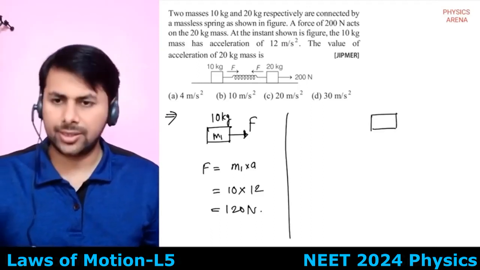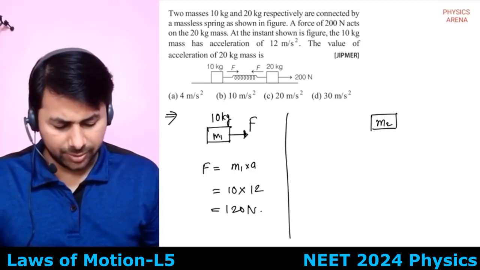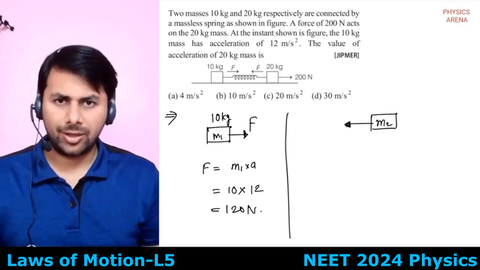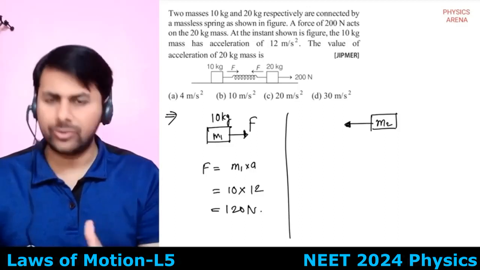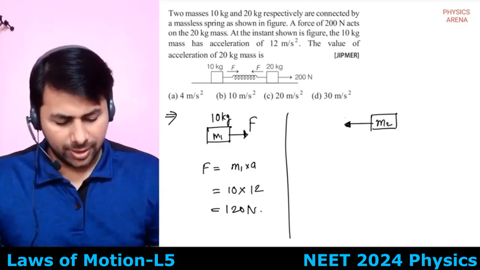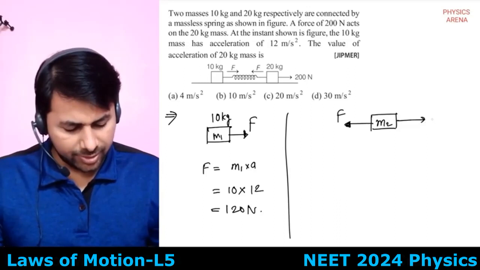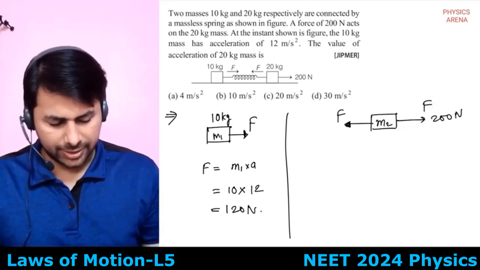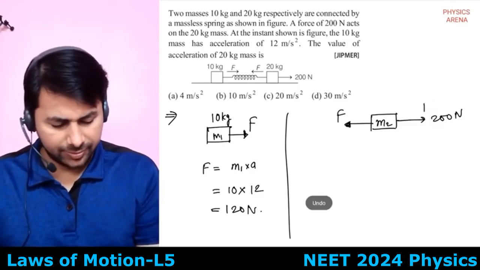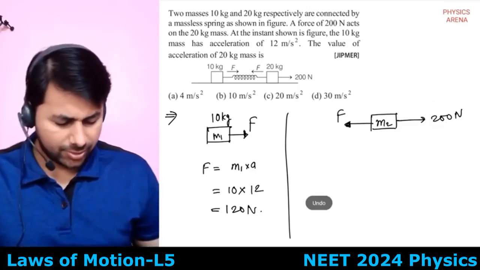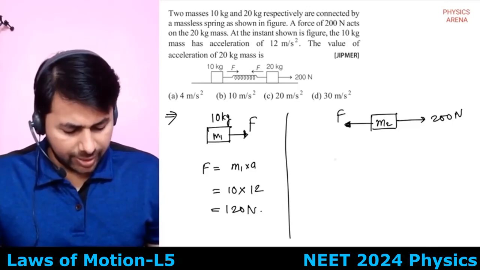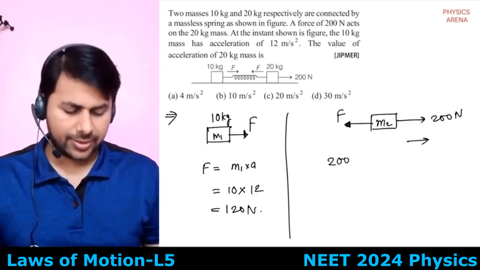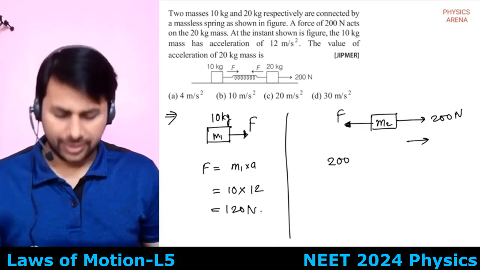Now consider the 20 kg mass, suppose m2. The spring force is equal, but now it will act in the opposite direction. So it is F, and the external force is 200. So we can say that 200 minus F is equal to its mass into acceleration.